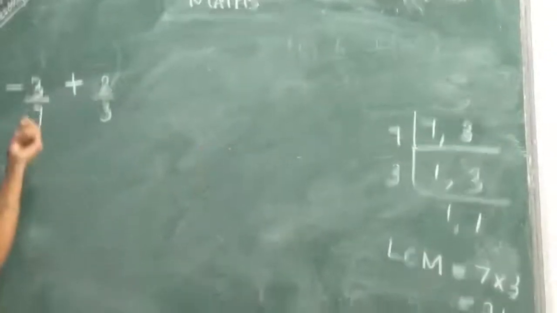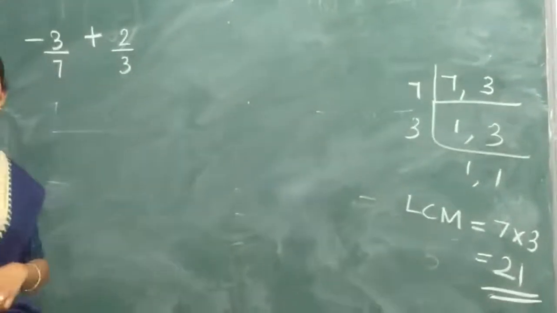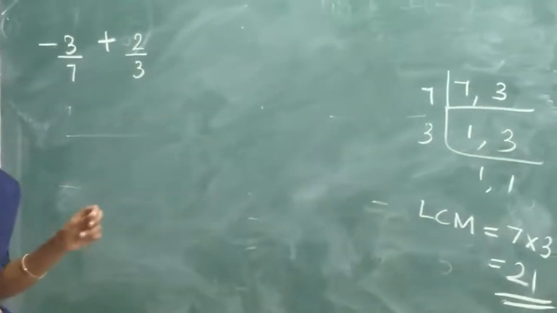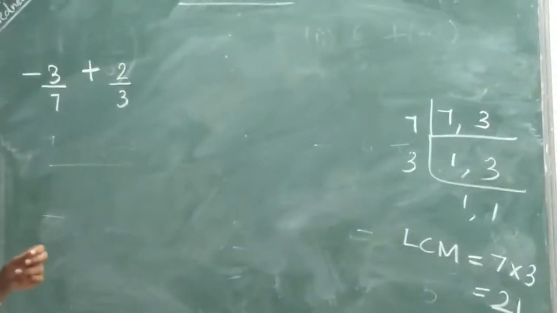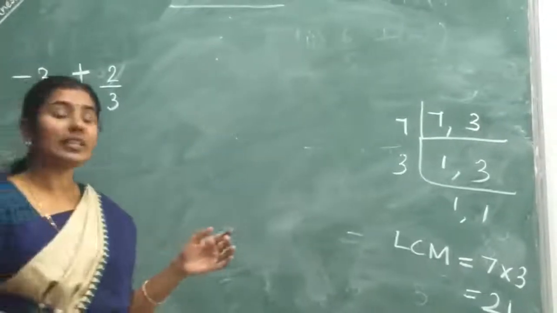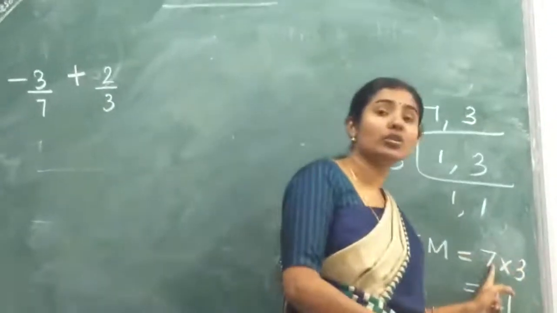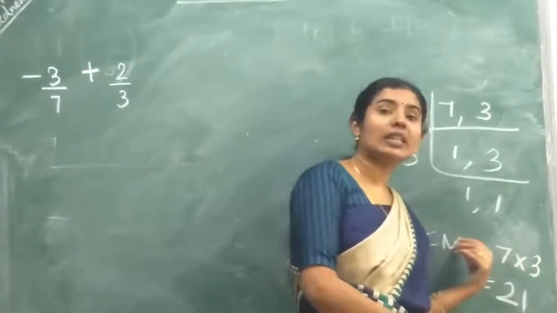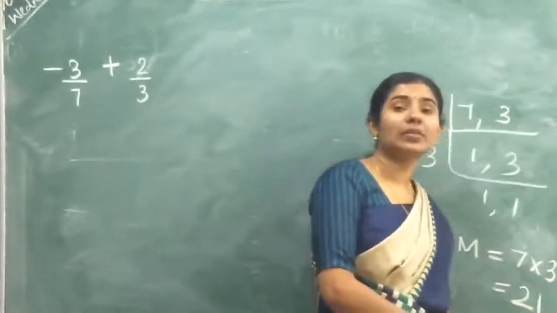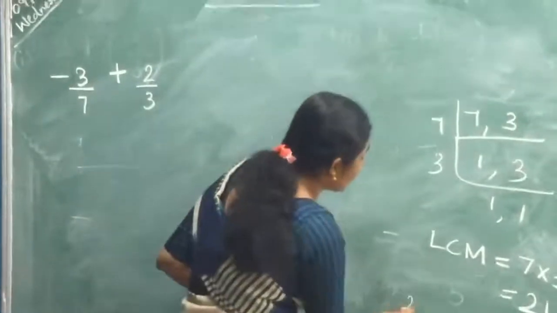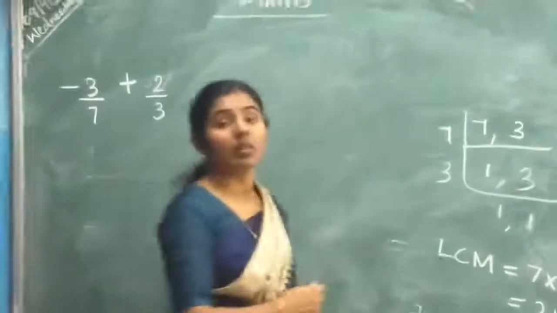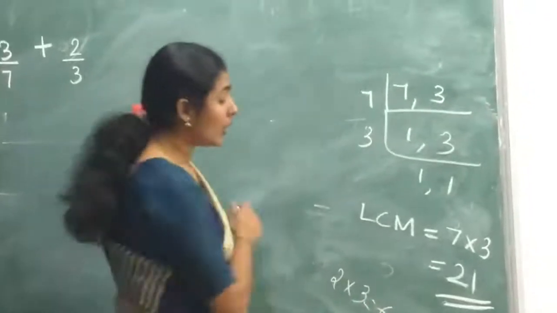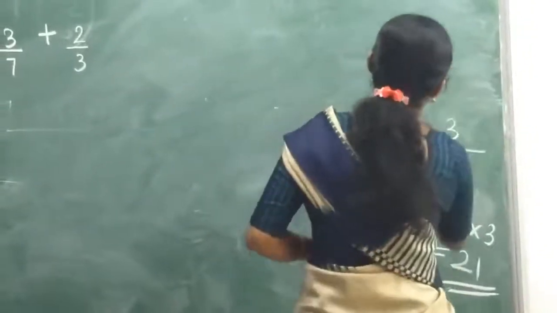Otherwise, by seeing the numbers directly, you can say the LCM. 7 and 3 are prime numbers. When you are given two prime numbers, their LCM is the product of the two numbers. Since 7 and 3 are both prime numbers, the LCM is their product, 21. Another example: when you are given 2 and 3, both are prime numbers, so the LCM is 6. So what is the LCM of 7 and 3?